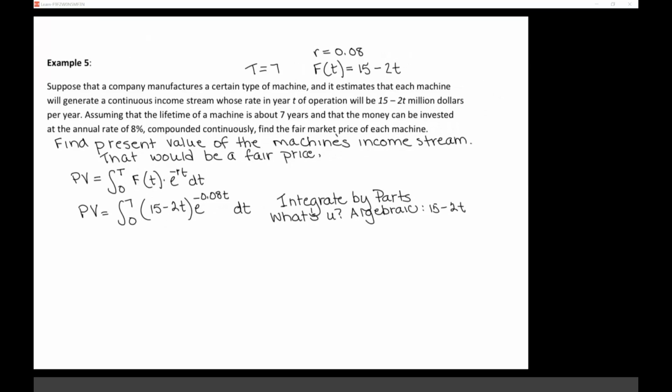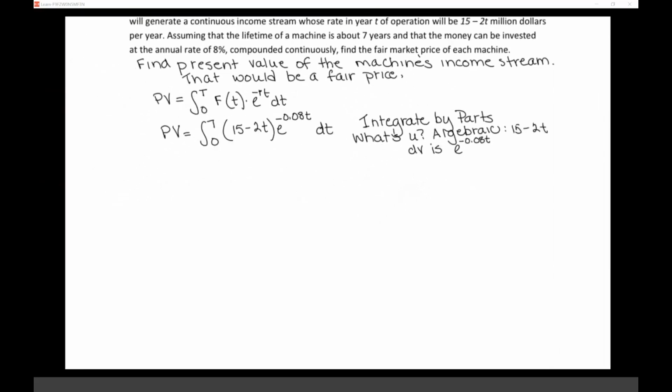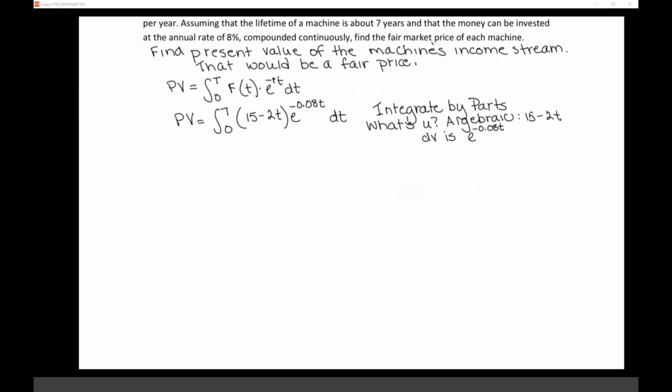Algebraic's just another name for a polynomial. So I'm going to let u be 15 minus 2t, and then dv is the other function, e to the minus 0.08t. So that's the first step for integrating by parts, is picking u.